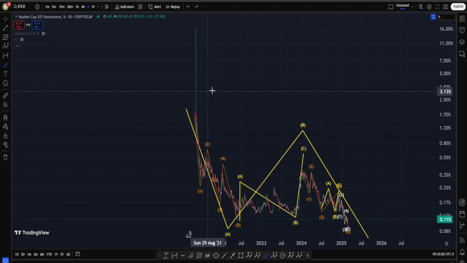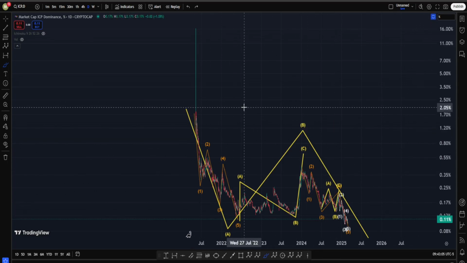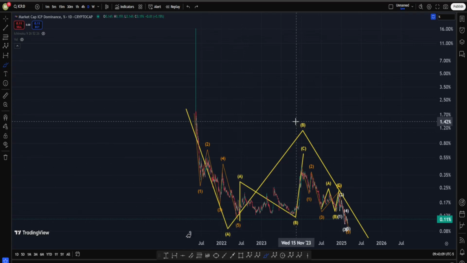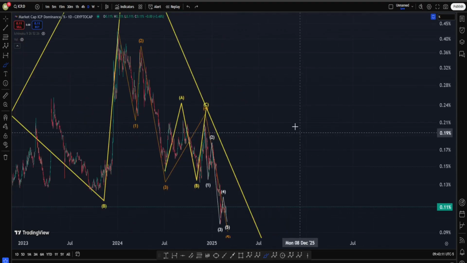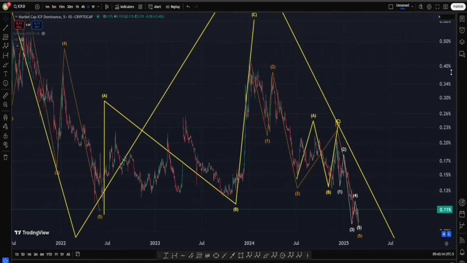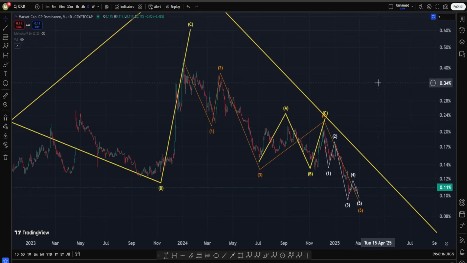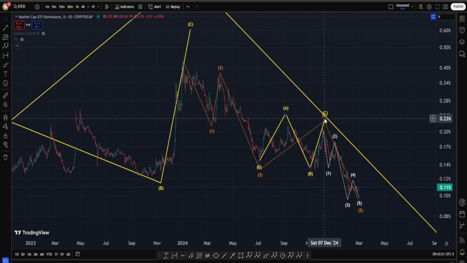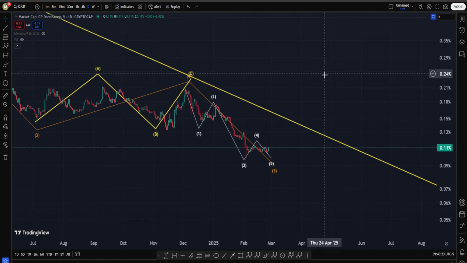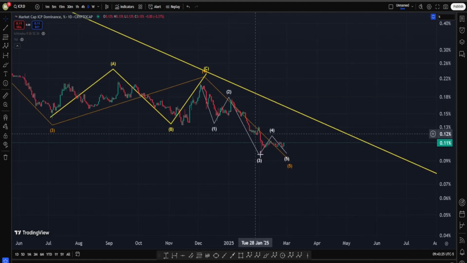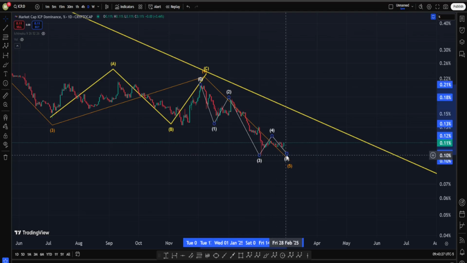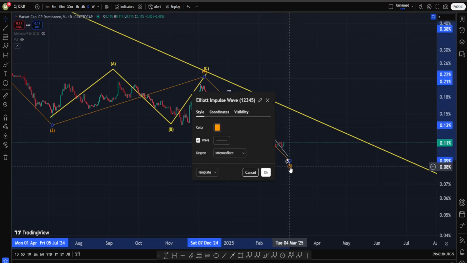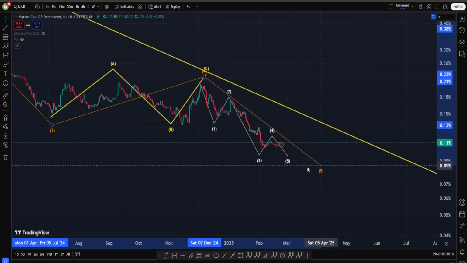I believe we are having in the ICP dominance chart an ABC in the form of a zigzag structure, and in a zigzag we're going to have a 5-wave move down, then a correction for wave B, and I do think this is an ABC, and then another 5 down into our C leg. And like we talked about before, this is 1, this is 2, another move down into wave 3, probably a running flat into our wave 4, and right now we are having a 1, 2, 3, 4, and then another move down into wave 5, which is going to be on a higher degree into this orange wave 5 right in here.